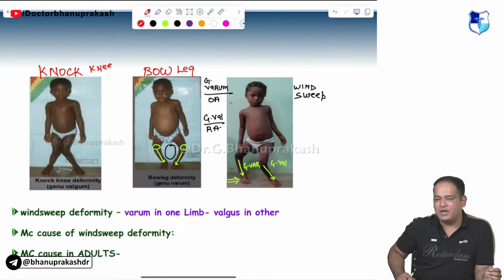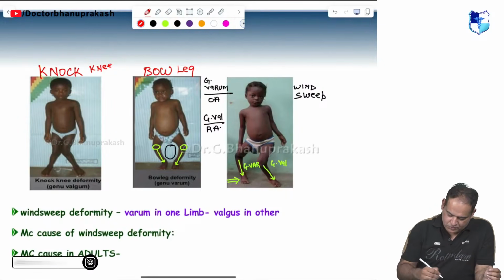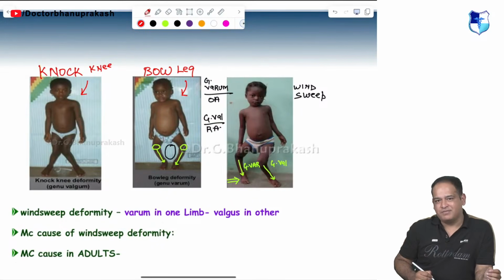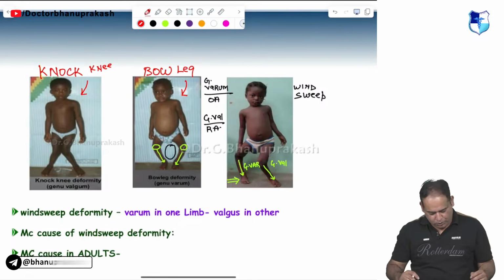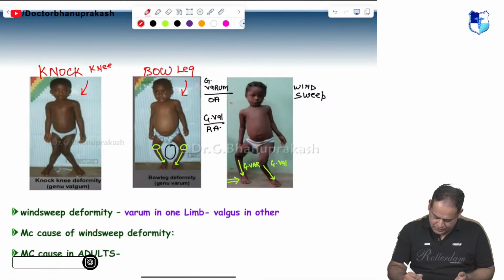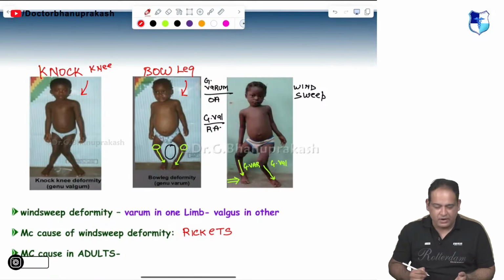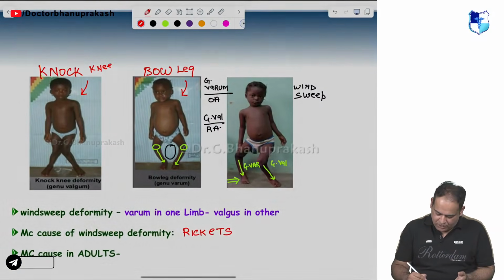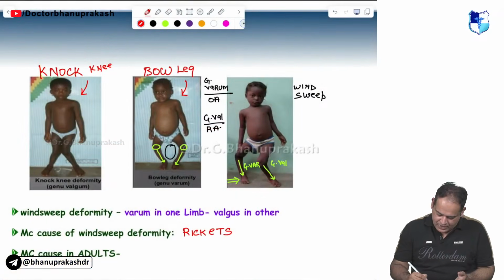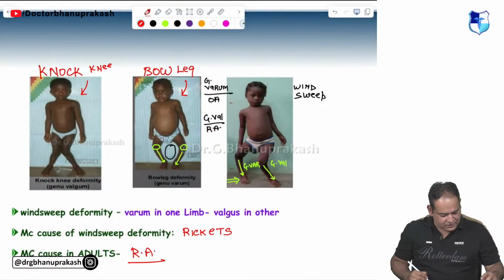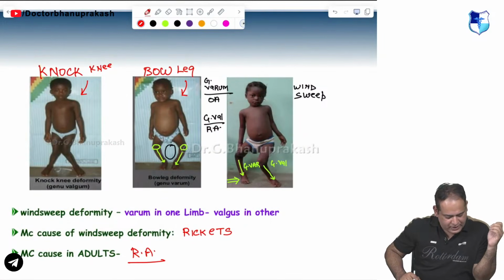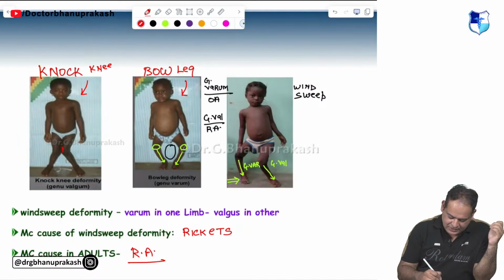My terrible bad. Right? Now the most common cause of wind sweep deformity overall is rickets. But the most common cause of wind sweep deformity in adults is rheumatoid arthritis. Yes, valgum, I added an extra gum there.